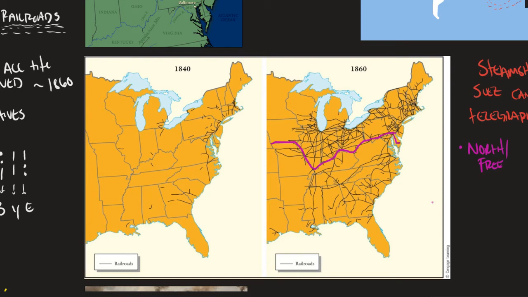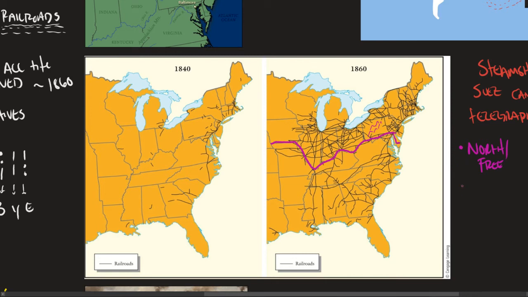In fact, it's so intense that by the time of the Civil War, every single farmer potentially is within about a 20-mile radius of the nearest railroad, at least in the north. You don't get too many right here. I think there might be mountains in this region, so that might be why you don't have as many railroads there. Anyways, that's number one, where the trains are located.